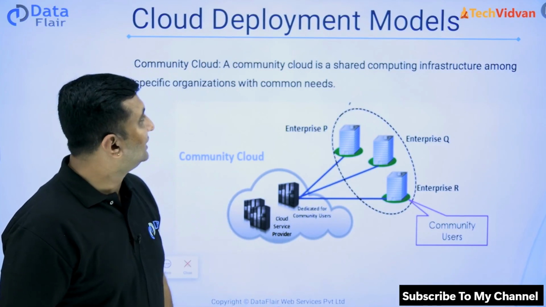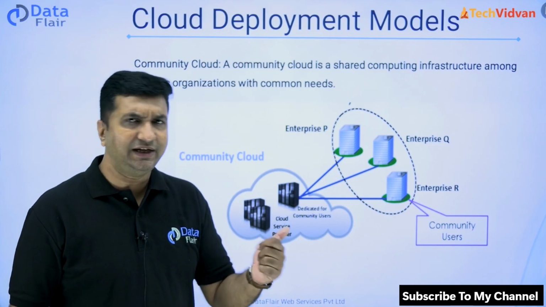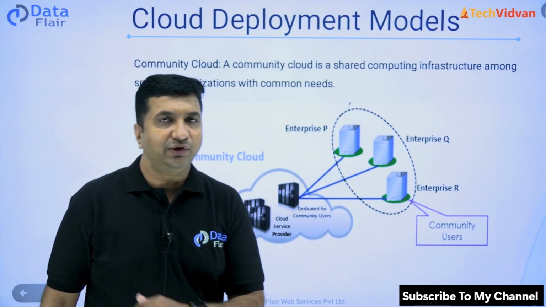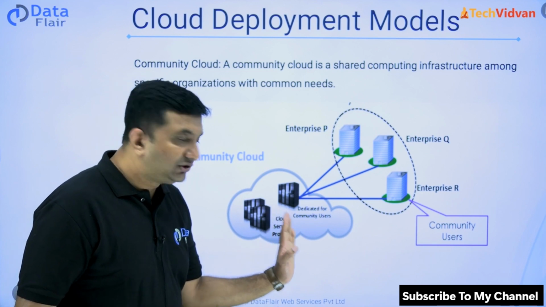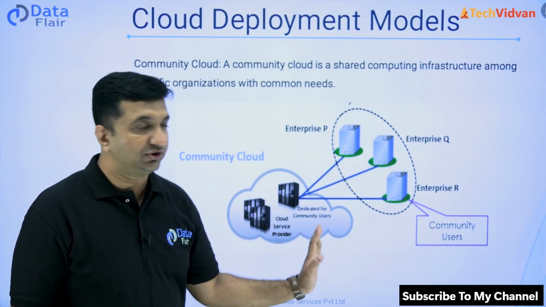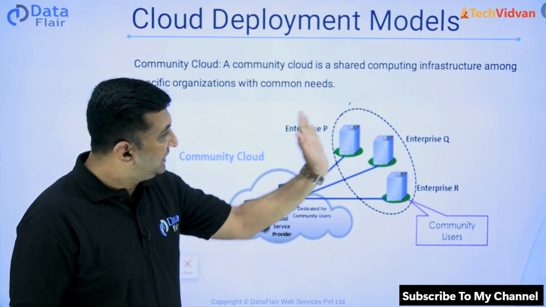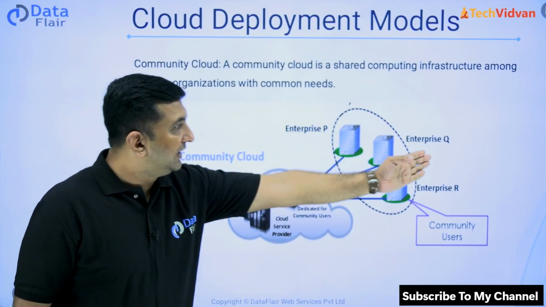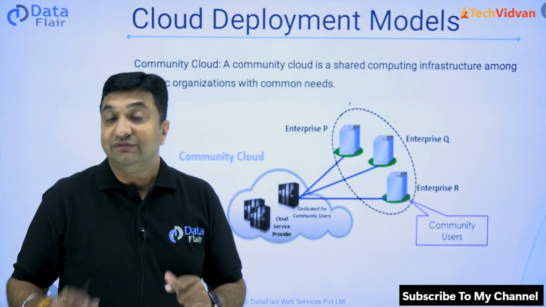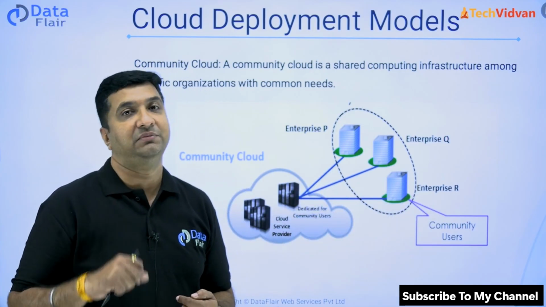The last one is called community cloud. This idea is also very interesting. When you talk about community cloud, the infrastructure, or a part of the infrastructure I should say, is shared with different organizations. Like here we have enterprise P, enterprise Q, enterprise R, which have similar requirements.